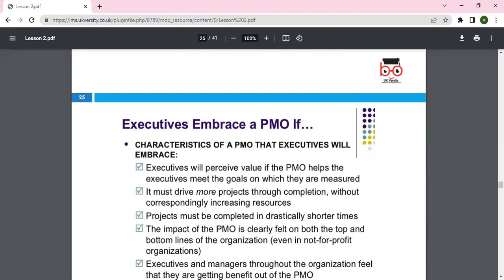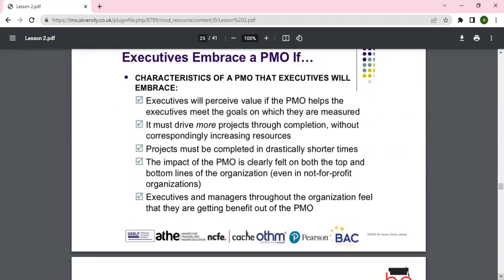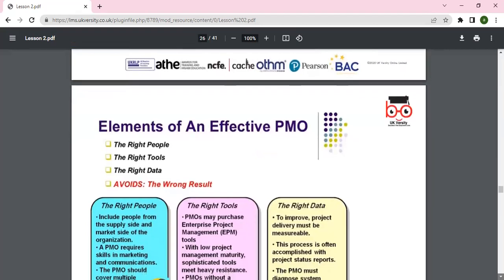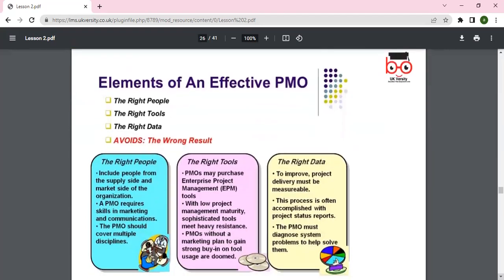Shorter time is better, always looking, because as an investment appraisal we carry on appraising the project, we need the right people, the right tools, and the right data, and we avoid the wrong result. That is very crucial, which we need to look at.